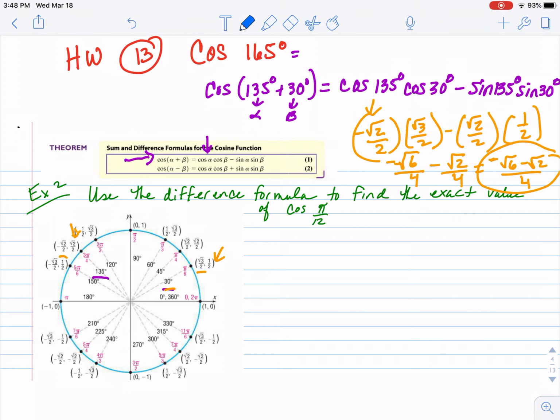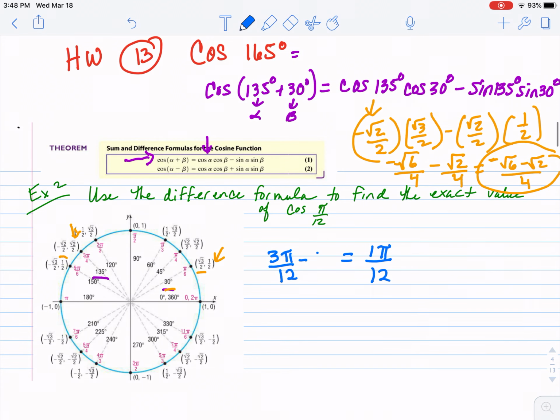I'm going to tell you right out that if I have two things that end up getting to be 1 pi over 12, well, think about this. I could do 3 pi over 12 minus 2 pi over 12, couldn't I? Those aren't on the unit circle, but what is 3 over 4?